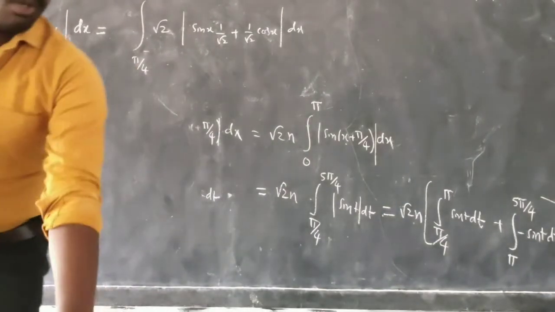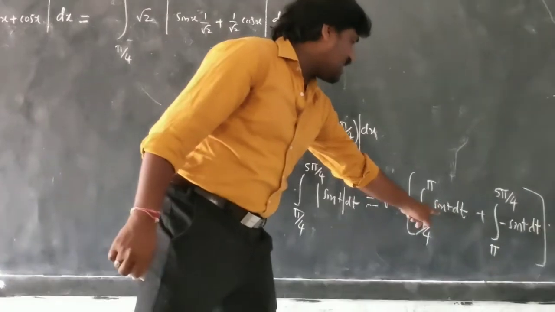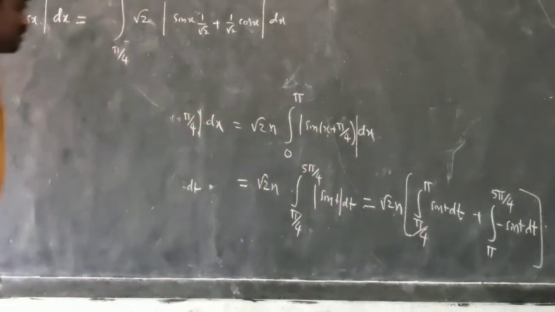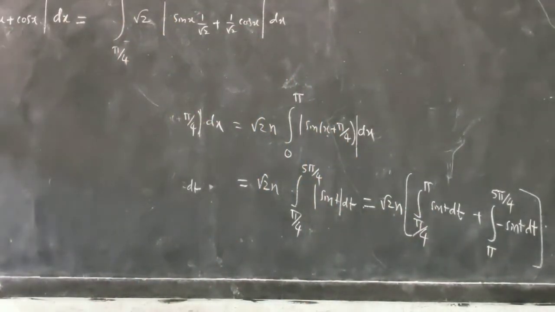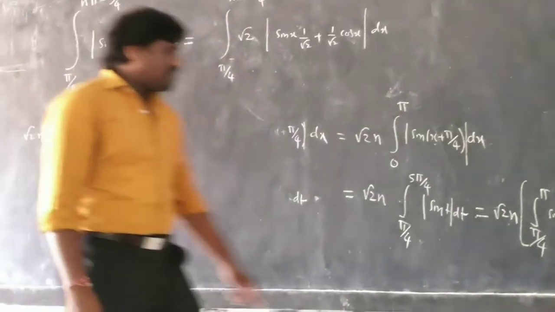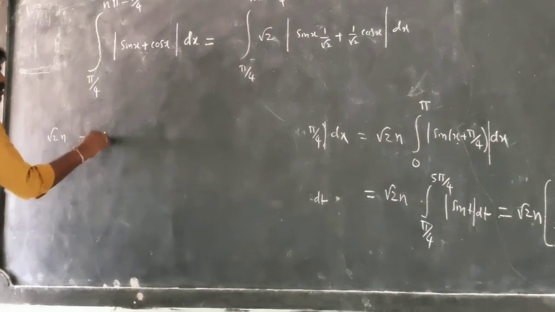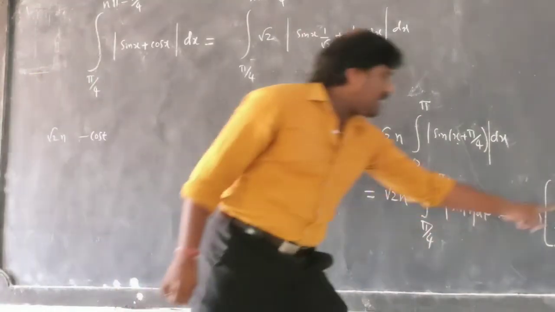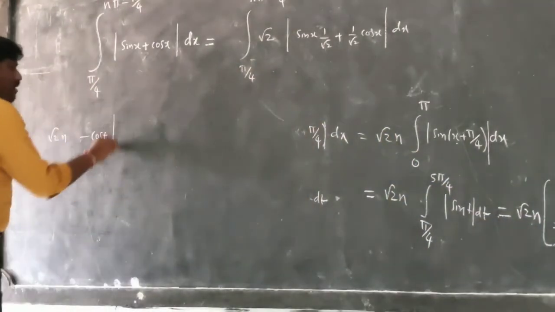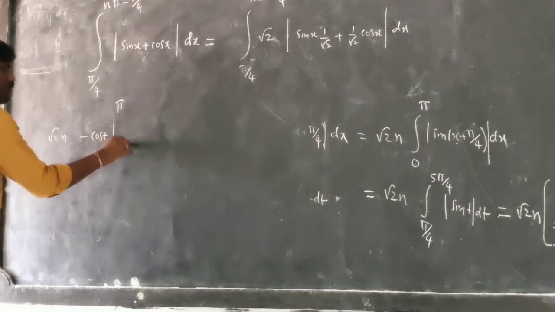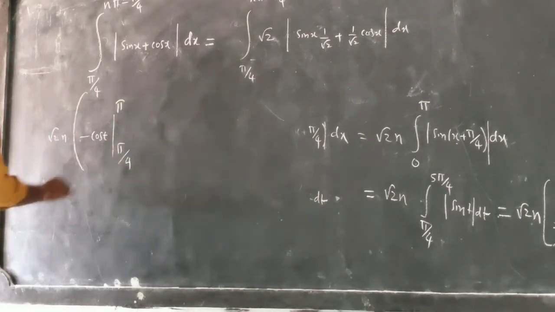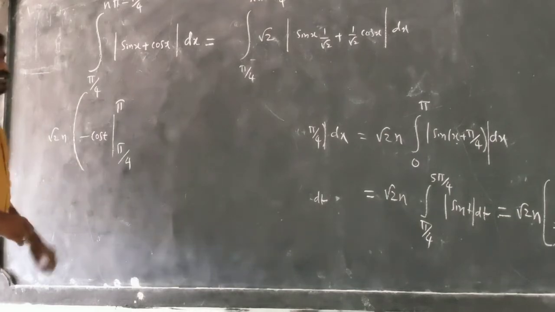Now here, you know the integration of sin t is minus cos t. So what I get here is root 2 times n, the integration of sin t is minus cos t. I am going to apply the limits here, pi by 4 to pi.